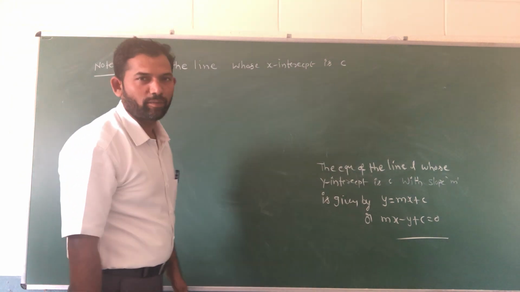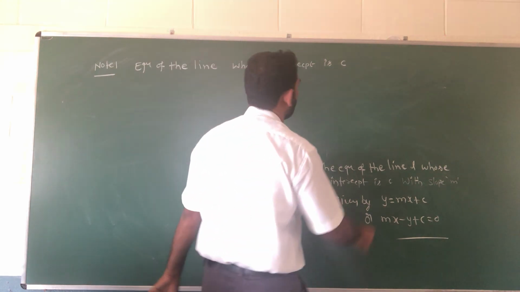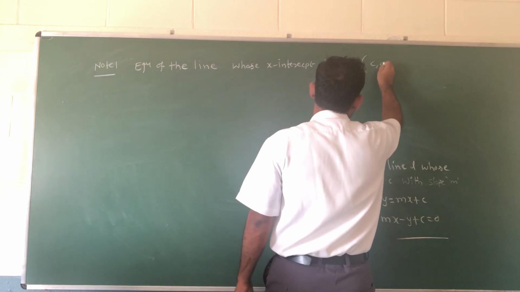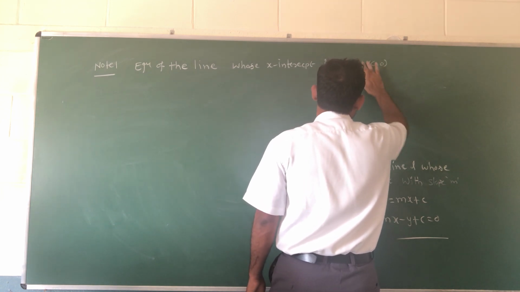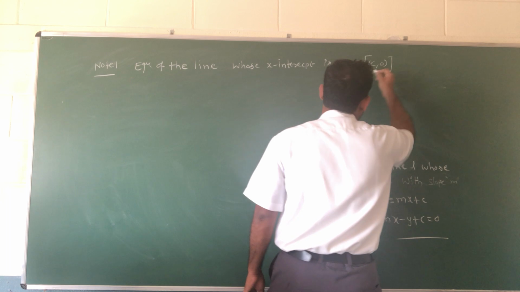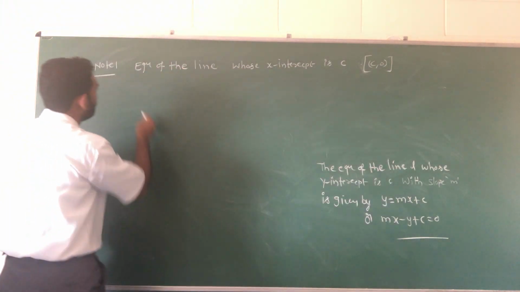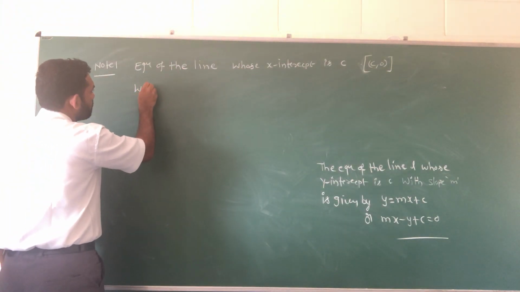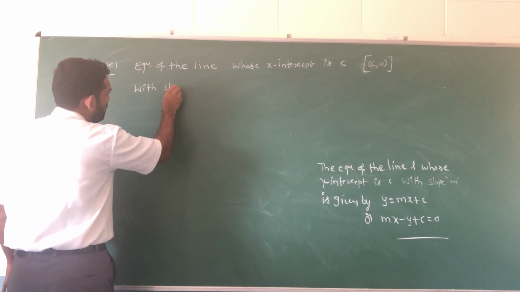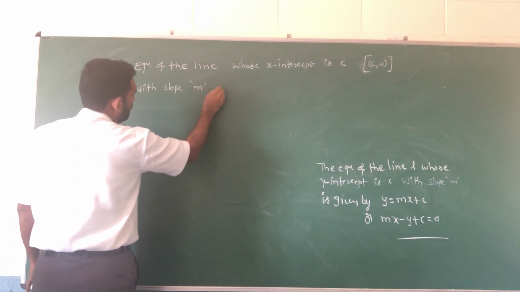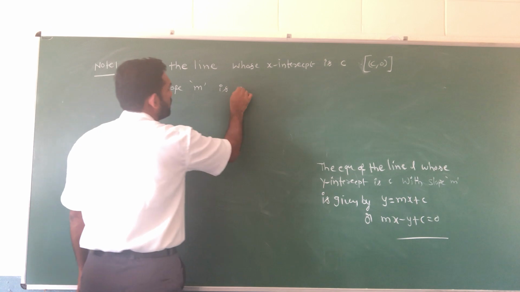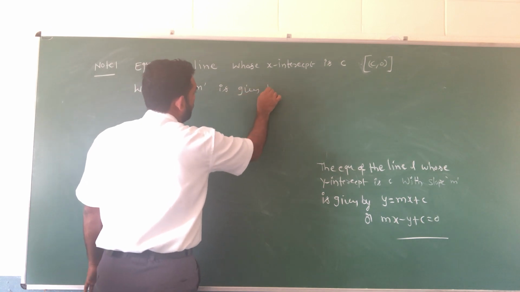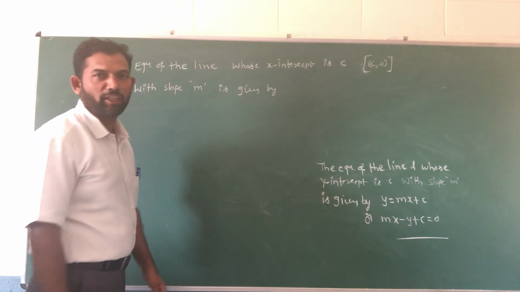The point is (c, 0) with slope m is given by. So what is that equation?